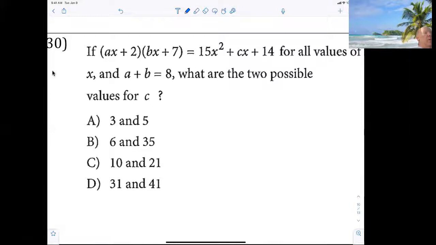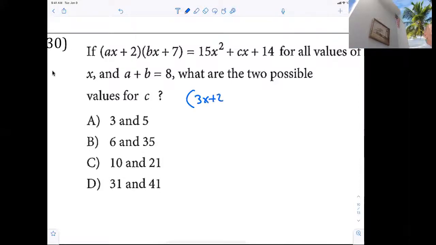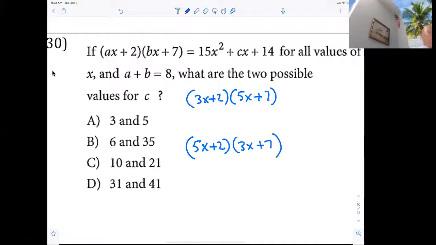The whole thing. Why do A and B have to be 3 and 5? You want to multiply them to get 15 and add them together to get 8. That is perfect. So I want everybody now to come down and write 3x plus 2 and 5x plus 7. Now, some of you are like, well, what if I want to do 5x plus 2 and 3x plus 7? Would you be wrong? No.